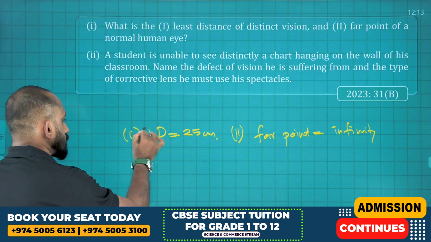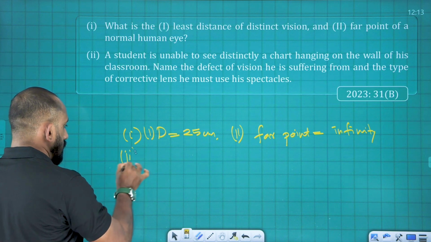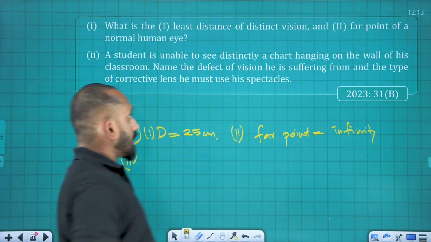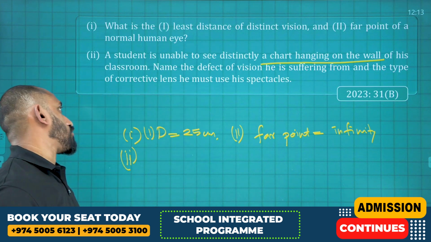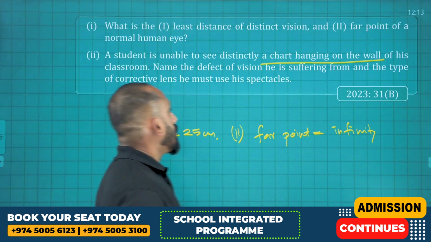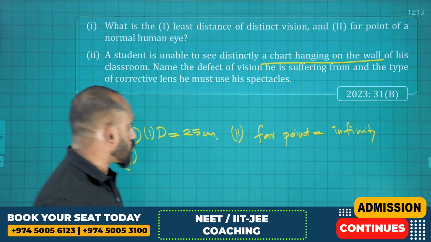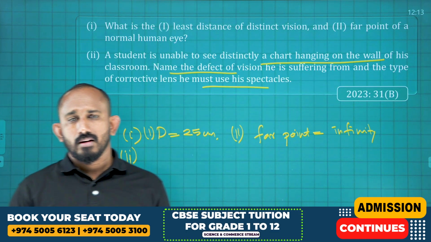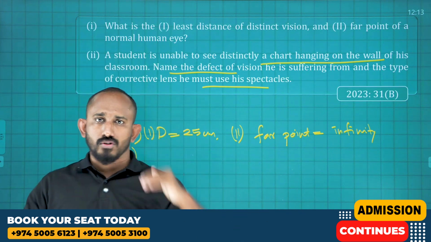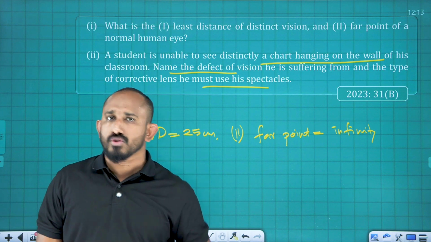Now, that's the first question. Question 2: A student is unable to see distinctly a chart hanging on the wall of his classroom. Name the defect of vision he is suffering from, and the type of corrective lens he must use for the spectacles. So a practical oriented question. A chart hanging on a wall will of course be far from him. So far or distant things he is not able to see.